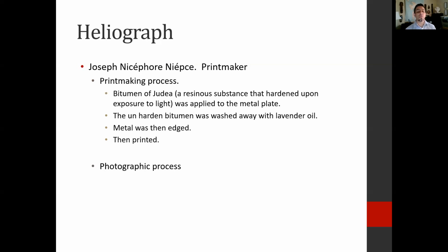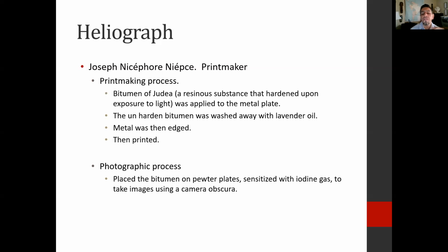However, as a photographic process, there's a different step right here. The step that was added is not only do we have the bitumen on the plates, but now they're going to be sensitized with iodine gas, which is extremely corrosive. And this allowed them to take images with the camera obscura.